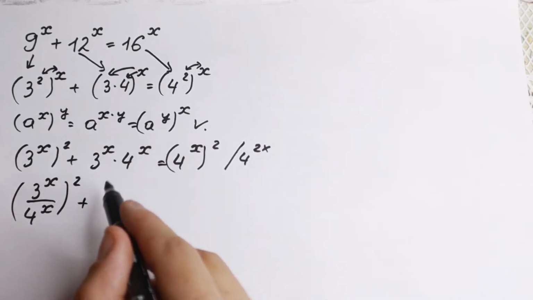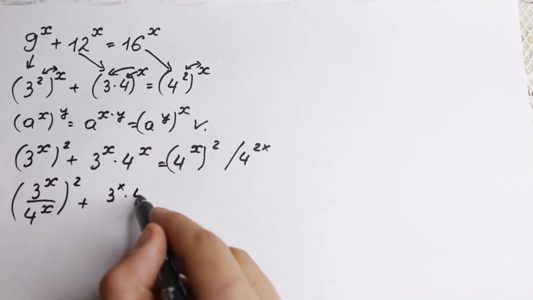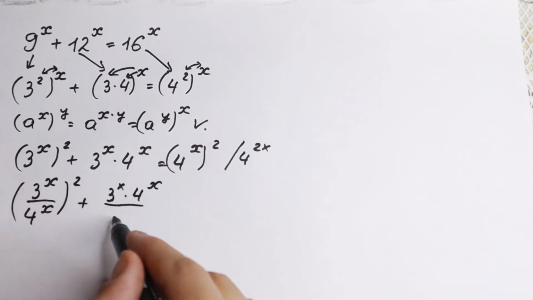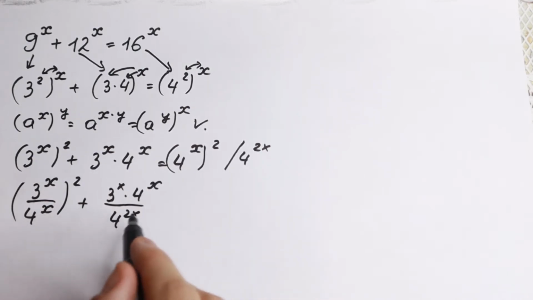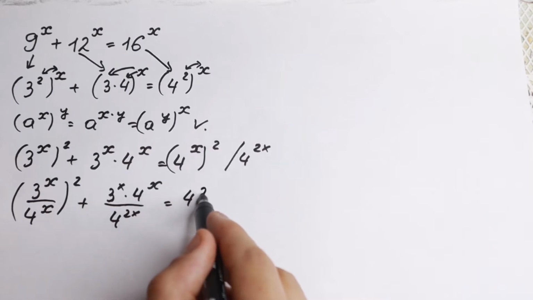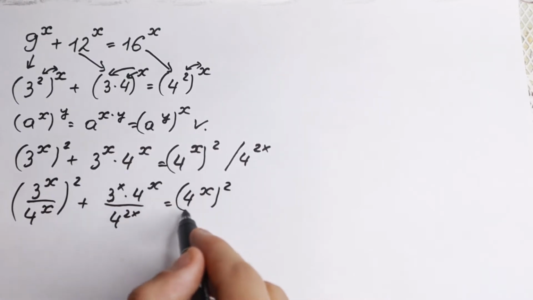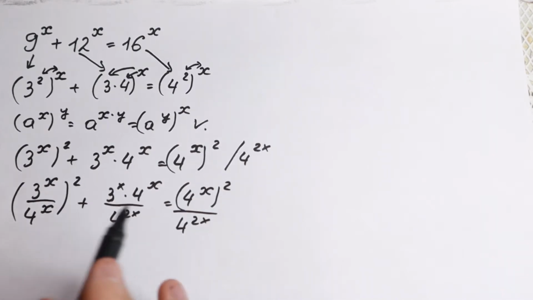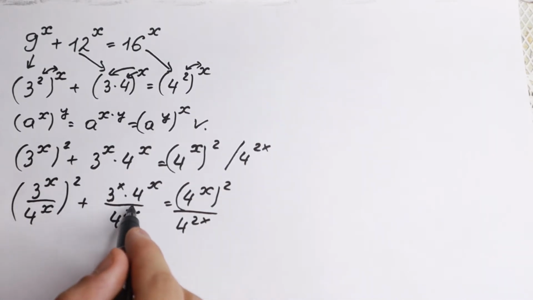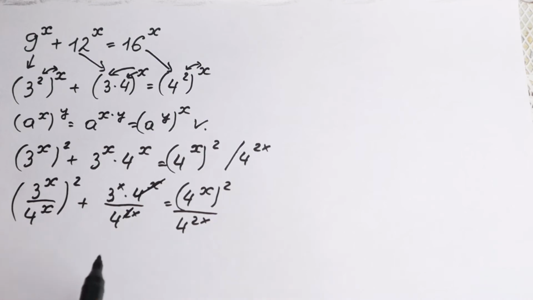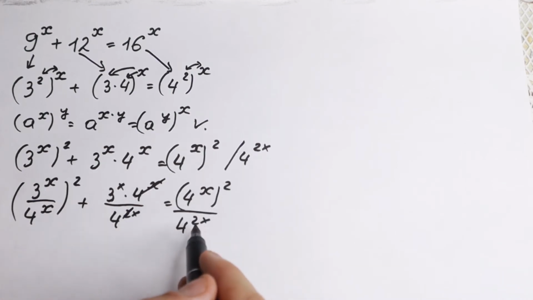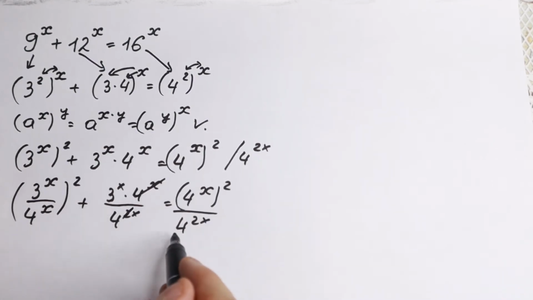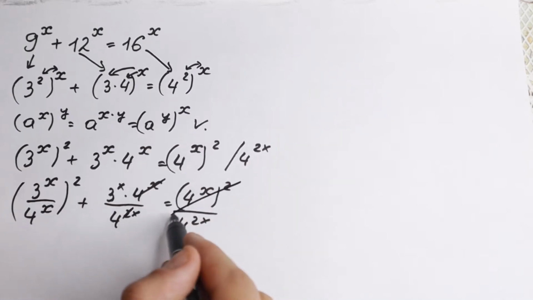Let's go next, plus 3 to the x times 4 to the x dividing by this 4 to the power 2x, and right here 4 to the power x squared dividing by 4 to the power 2x. So I just divide both sides by this 4 to the 2x, but right here we can cancel this square and 4 to the x, and this on the right hand side gives us 1, because 4 to the 2x over 4 to the 2x gives us 1.